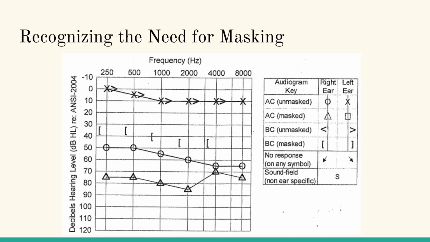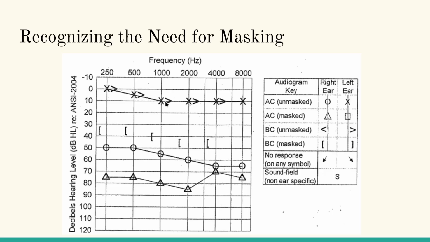The general rule of thumb for masking for air conduction thresholds with supra-aural headphones is that if we have a difference between the non-test ear and the test ear greater than 40 dB, or between the unmasked bone conduction threshold and the test ear greater than 40 dB. So if we compare the circles here to the X's, the circle is 50 here, and it's 10 here.